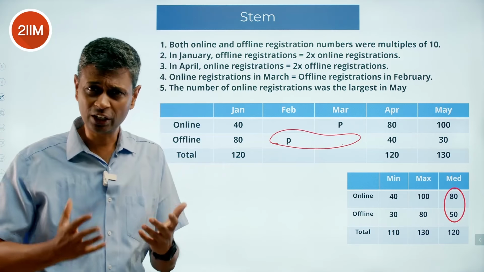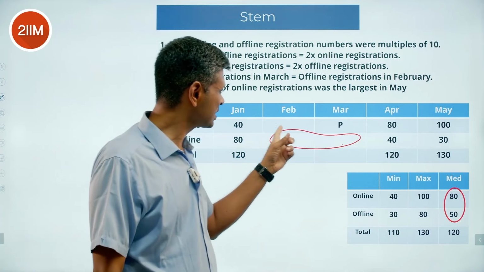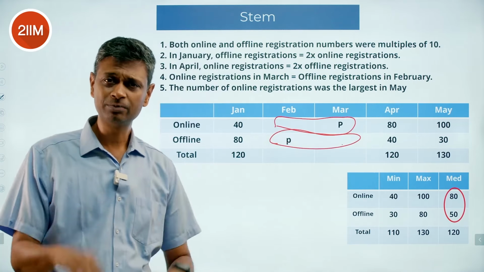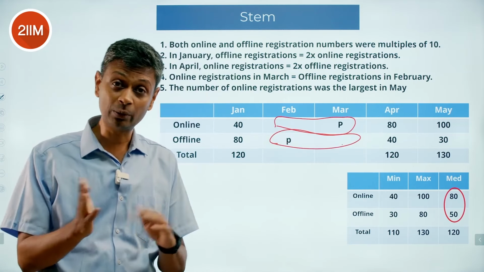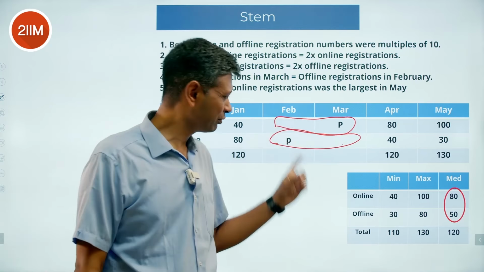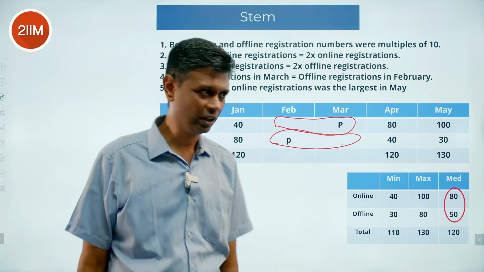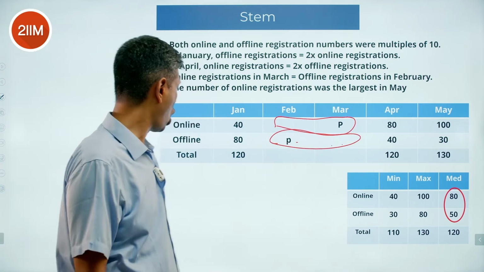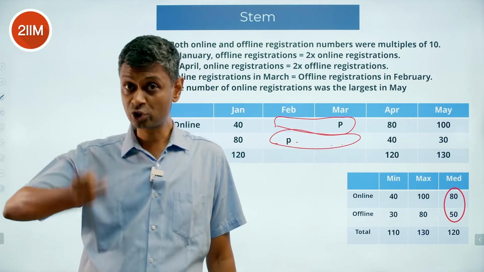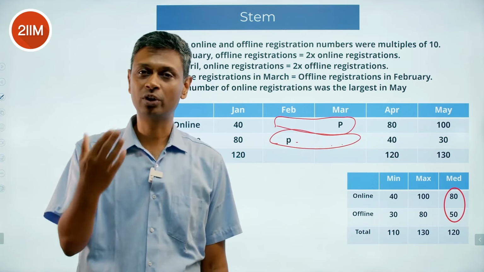The other way of thinking about this is to say, in this, one number could be more than 80, one less than 80, or one equal to 80 and the other one either way. So there are more possibilities here, fewer here, so I'm going to attack that. Of these two numbers, the offline numbers in Feb and March, one of the two has to be 50, the other one is greater than or equal to 50.